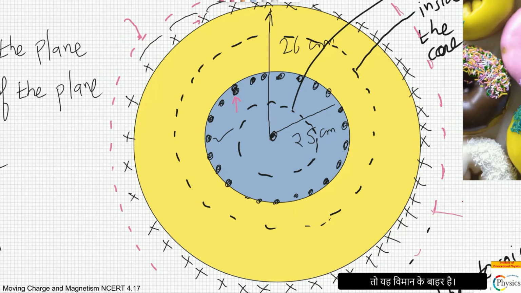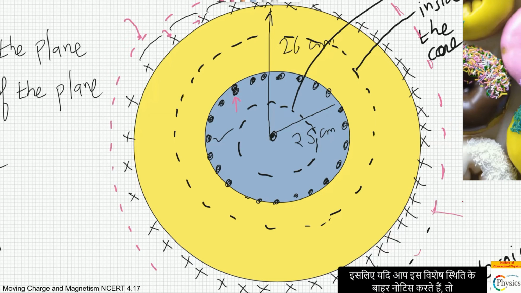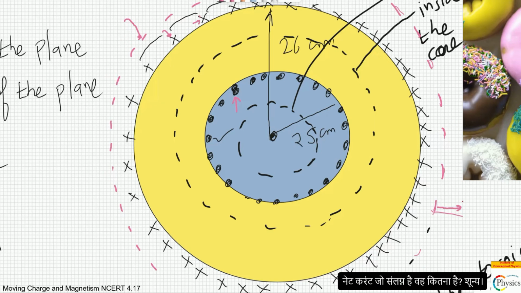We already discussed the significance of a cross and a dot, right? So if you notice, outside in this particular situation, the net current enclosed is how much? Zero, because the sum of the current which is going inside and the current which is going outside, which is a dot, is zero.